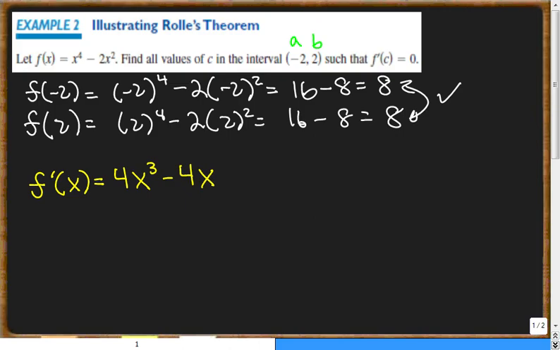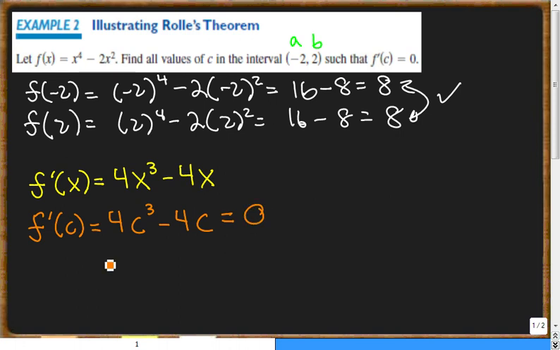Now I need to know what values of c make that 0. So f prime of c is going to be 4c cubed minus 4c. And so when does that equal 0?